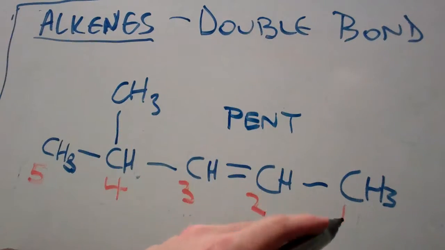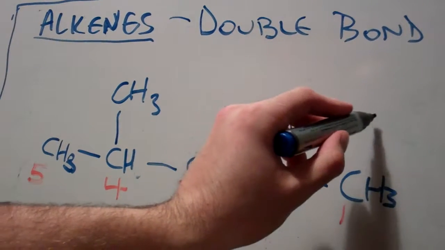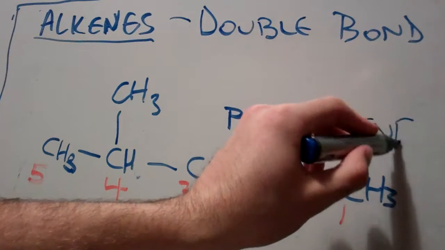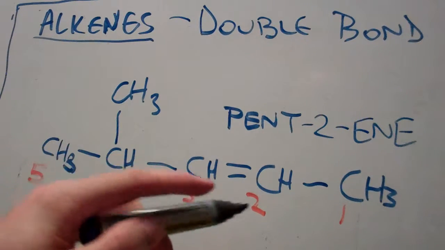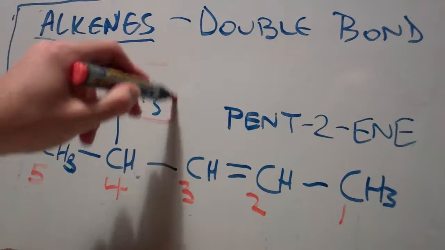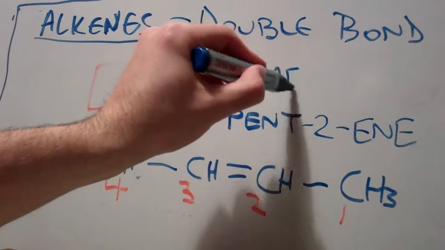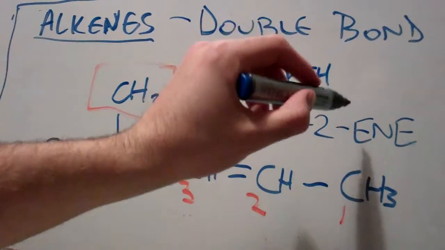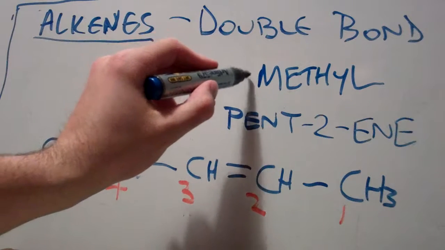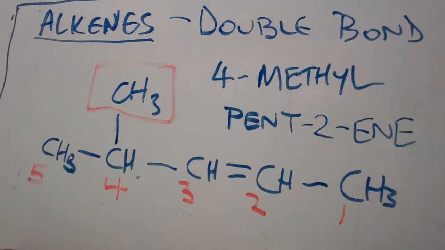A double bond is on the second carbon, so this is pent-2-ene. Okay, and on our 4th carbon we've got an alkyl group. It's 1 carbon, so it's methyl, and it's on the 4th carbon, so it is 4-methylpent-2-ene.